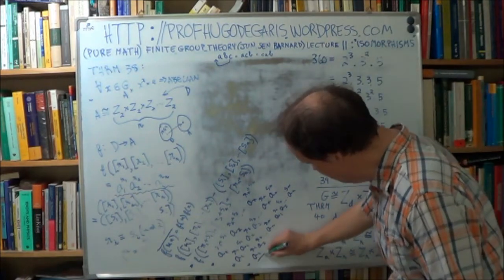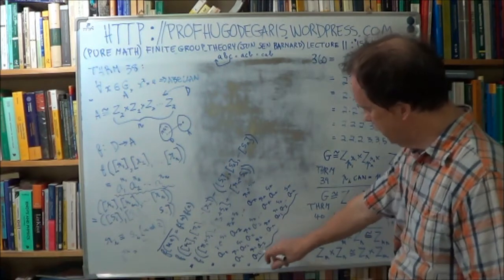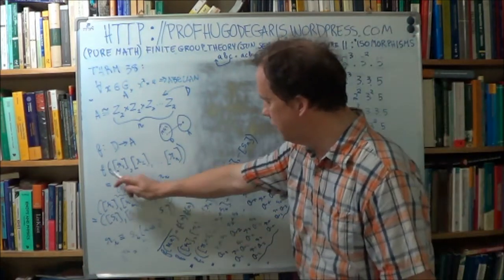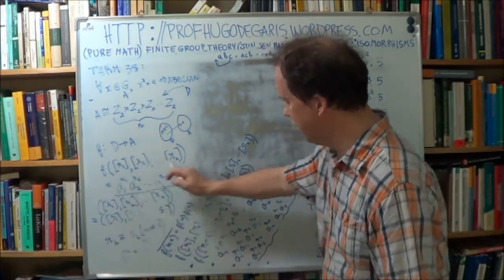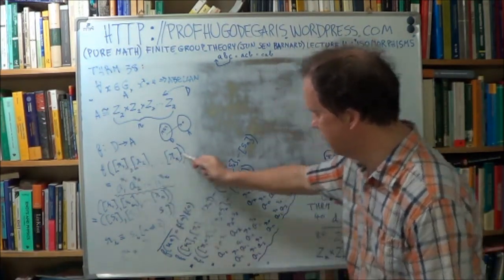But look, this here and this here is what? This is f of r, right? This is this.